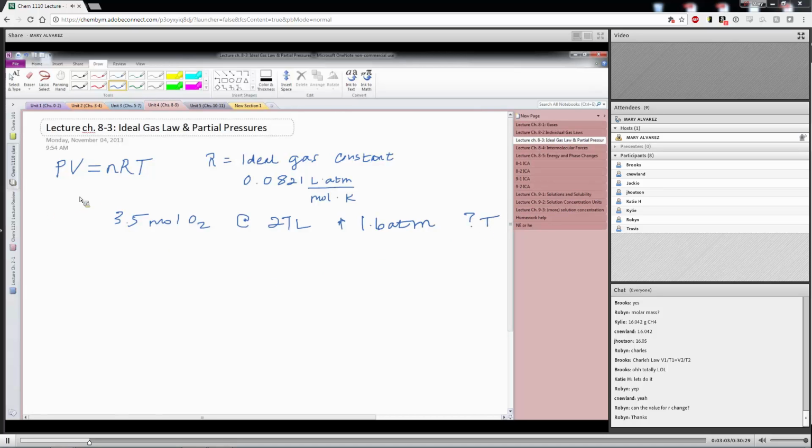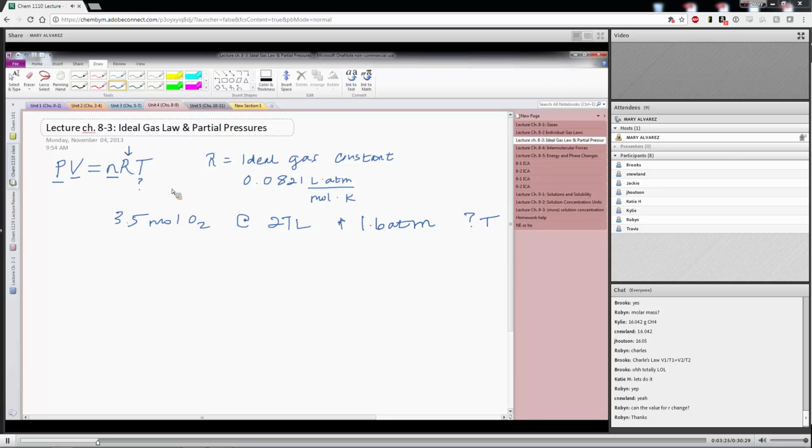In other words, I give you a formula, and we've got 5 different variables in here, and this isn't a variable, it's a constant. So we have 4 variables plus a constant. If I give you the values of 3 of those variables, you should be able to calculate the 4th.